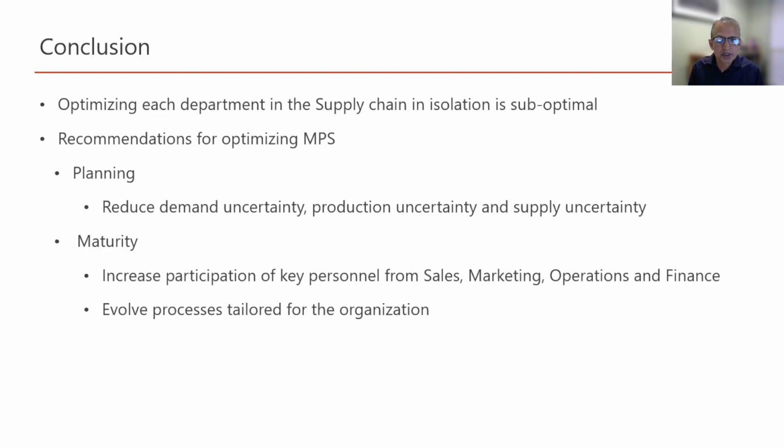So my recommendations for making MPS truly beneficial are: first, try to get the best possible data on forecasts, capacities, and costs. For example, having a robust S&OP process involving key personnel from sales, marketing, operations, and purchasing so that we have good demand forecasts.